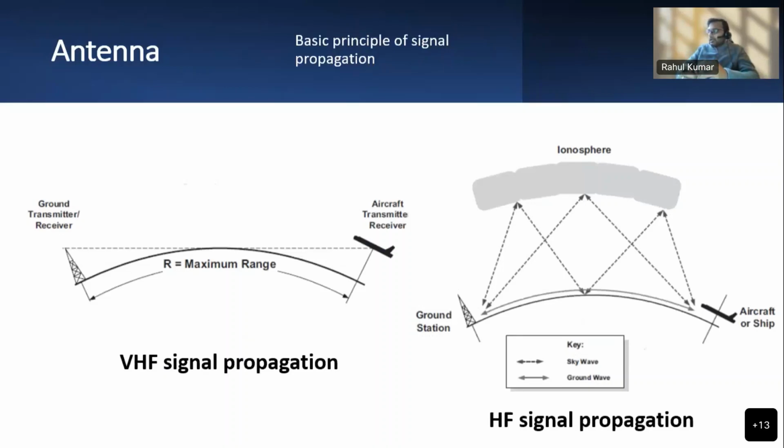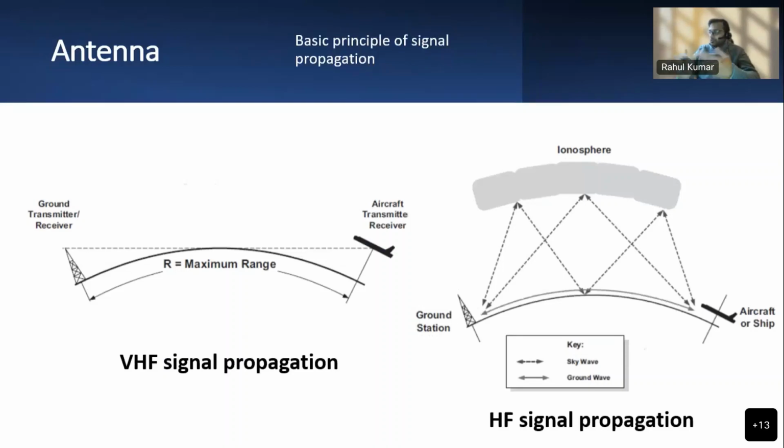Now in this slide I have shown the main difference between VHF and HF signal propagation. These are the two communication systems we are going to consider in today's discussion.